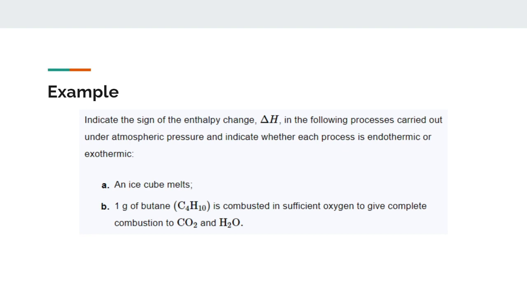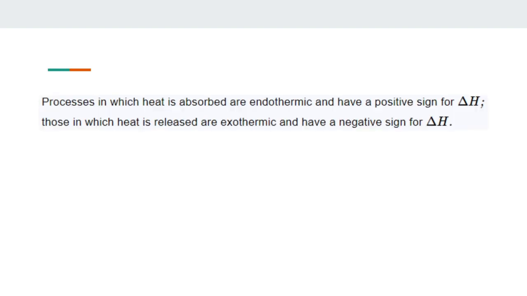So that reaction is going to be exothermic, which means the ice cube melting is endothermic, which means delta H is going to be positive. Meanwhile, the combustion reaction is exothermic, which means delta H is going to be negative.